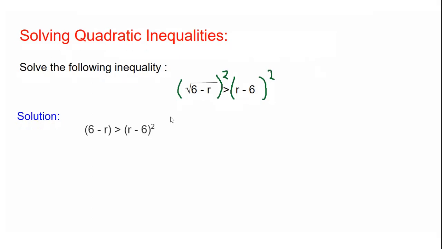To get this form, when you square the left hand side, the square of the square root just gives you the number inside the square root, which is 6 minus r being greater than r minus 6 all squared. And we can expand the right hand side as follows.